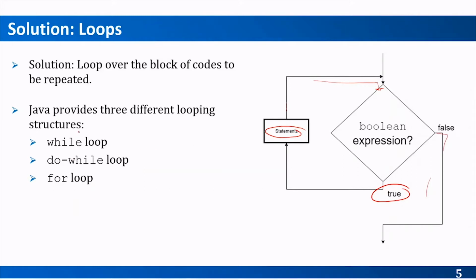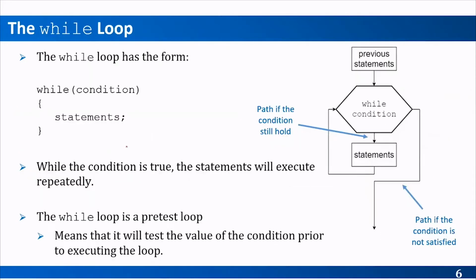All right, so here we have 3 different looping structures in general in most programming languages, and in our case specifically with Java. This video is going to cover the while loop. From its name, it says while a condition is still satisfied, keep repeating.